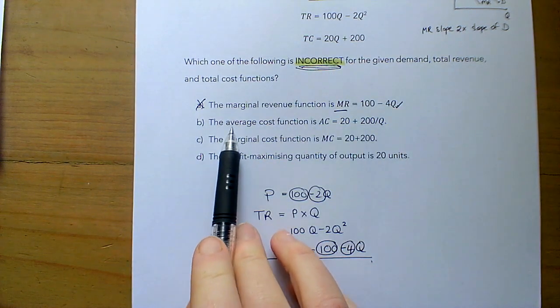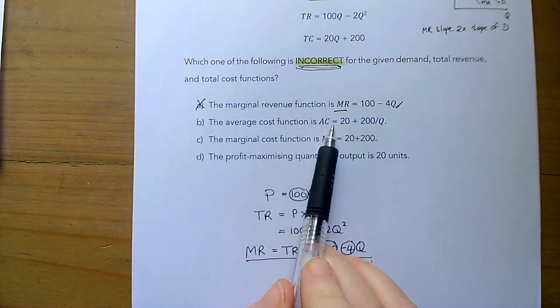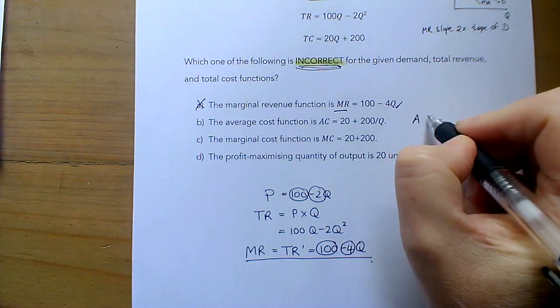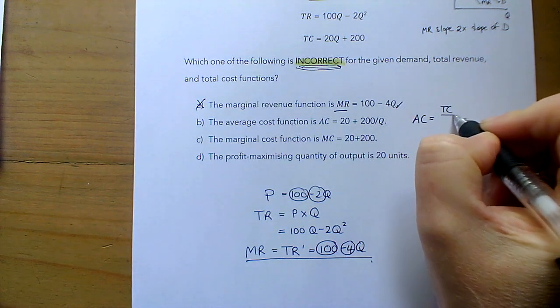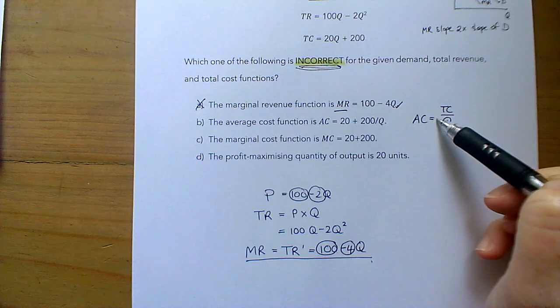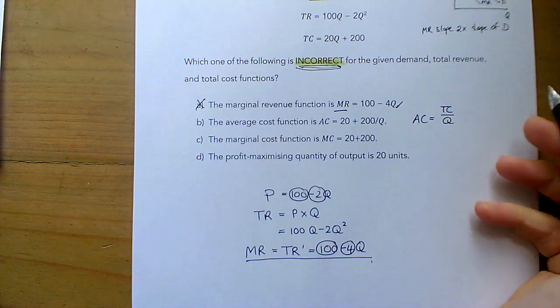B then says the average cost function is AC equals 20 plus 200 over Q. So AC is equal to TC over Q. We calculate average cost by taking our total costs and spreading them all over output.